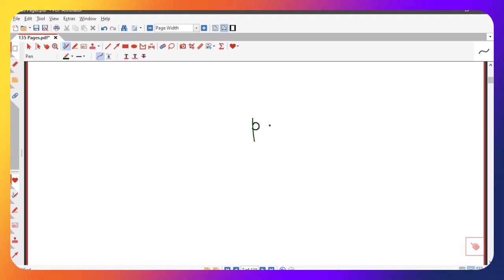Suppose we have some proposition, say P, which is a declarative sentence that is either true or false. For example, if I write that today is Sunday, then this is a declarative sentence which is either true or false but not both. Therefore, this P is a proposition. Now, what is the negation of P?